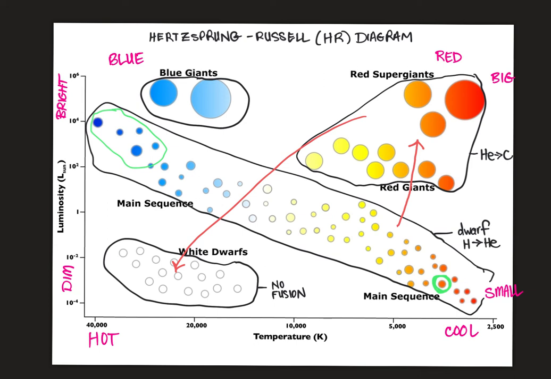I can say that star is small. It's a dwarf star. It's fusing hydrogen to helium. It is in the main sequence part of its life. It's dim. It's not very bright. I can just look at the graph and say all of these things about it.